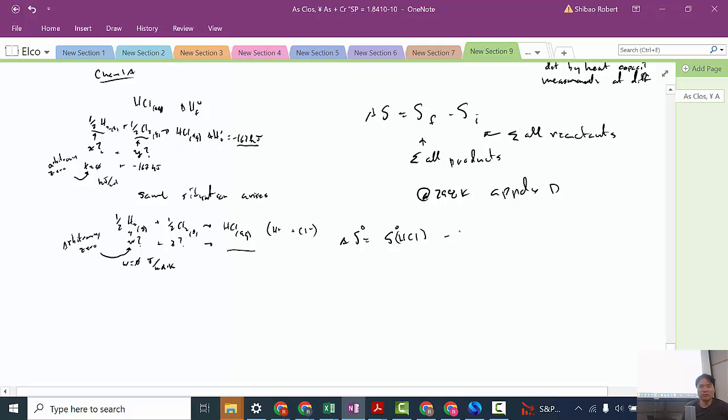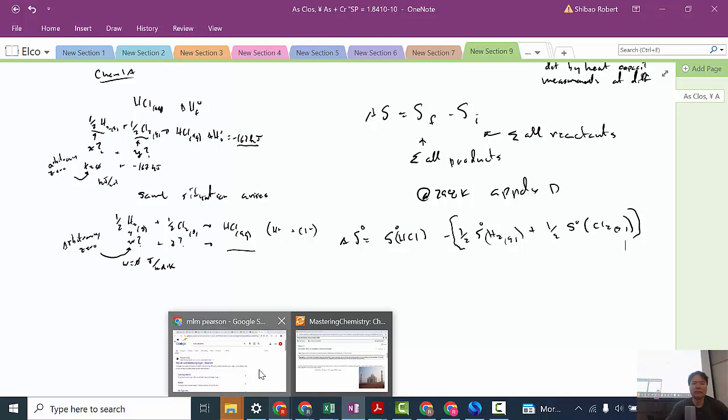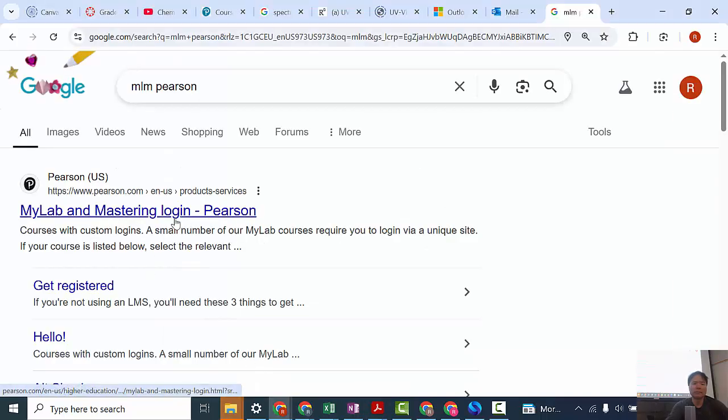Minus 1/2 the entropy of hydrogen gas under standard conditions, plus, it's the sum of the reactants, plus 1/2 the entropy of the chlorine gas. So we just need to go to Appendix D, look these values up, and that's it, basically.